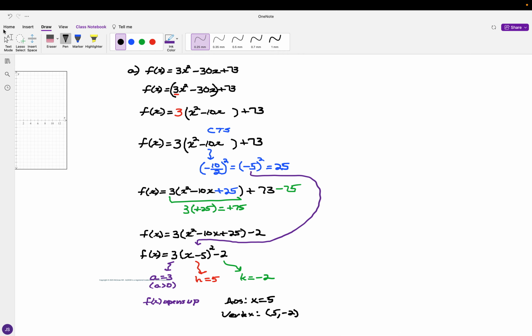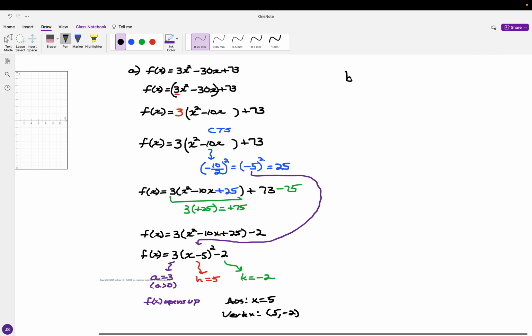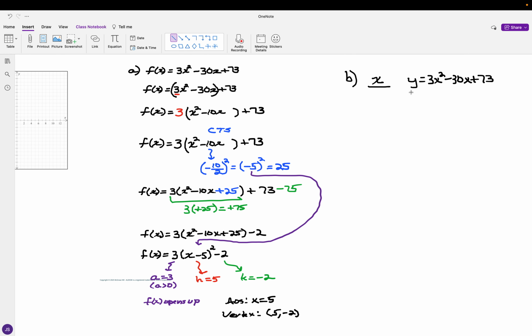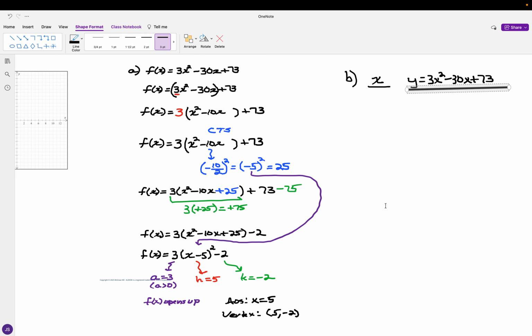Okay, so if I'm looking at arriving at, let's say, the graphing, what I can do here is just items here, so we got, I can just select values of x around the constant 5, and we have for the y value, y is equal to 3x squared minus 30x plus 73, and we start to pair up.